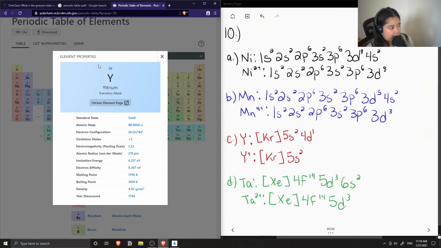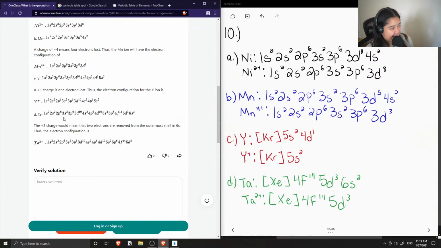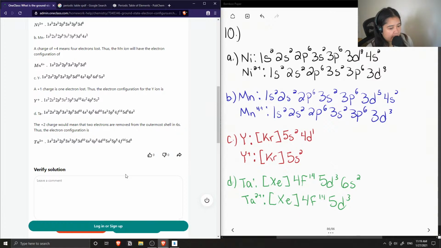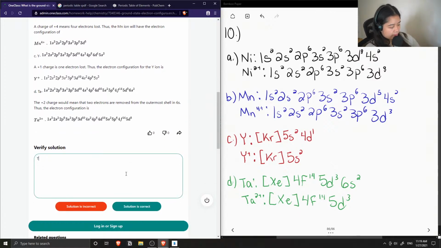And then lastly, for tantalum, it has the same electron configuration as xenon, and then 4f14, 5d3, 6s2, and then losing 2 electrons becomes 4f14, 5d3. Yep, so this solution is correct.